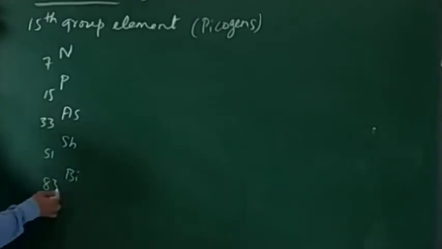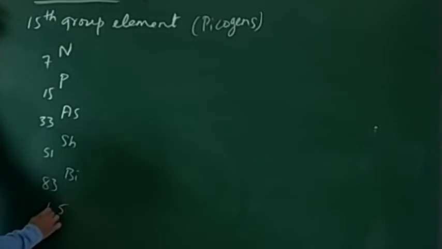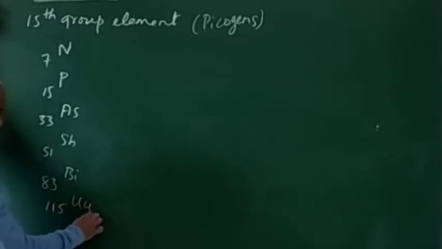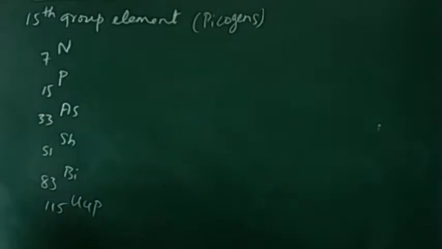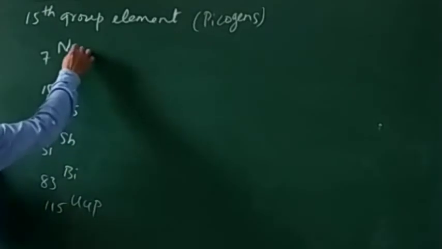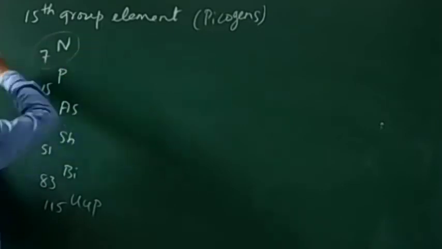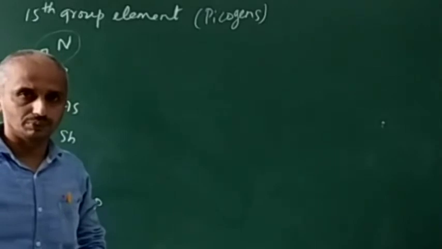The next member, adding again 32, is 115, which I can write as Uup. So the first member, I can say, gives the name nitrogen family members also.